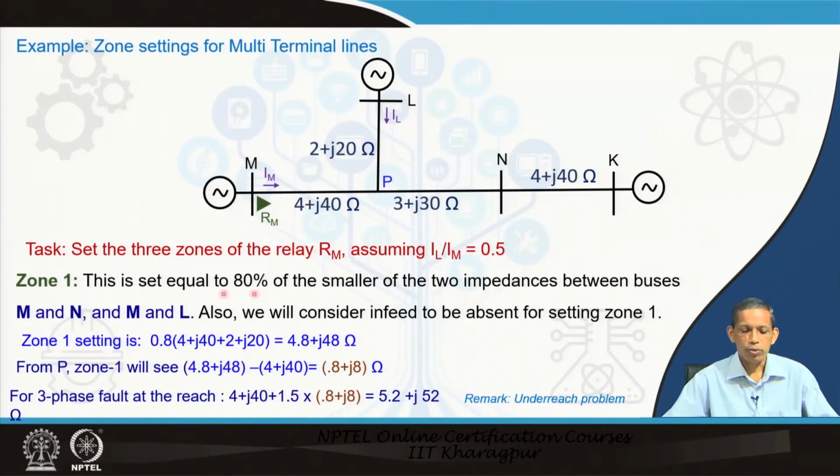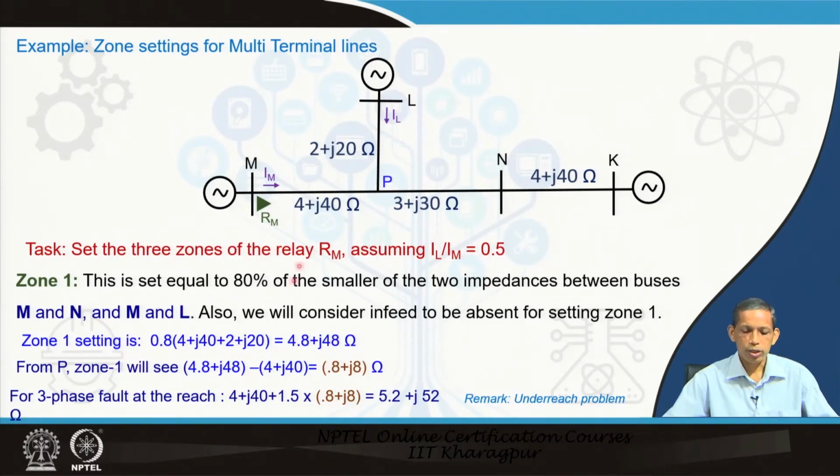This is set equal to 80% of the smaller of the 2 impedances between buses M and N, and M and L. From this relay, whichever length is smaller, 80% of that will be the zone 1 setting, without any infeed term, which we have seen in the apparent impedance equation.